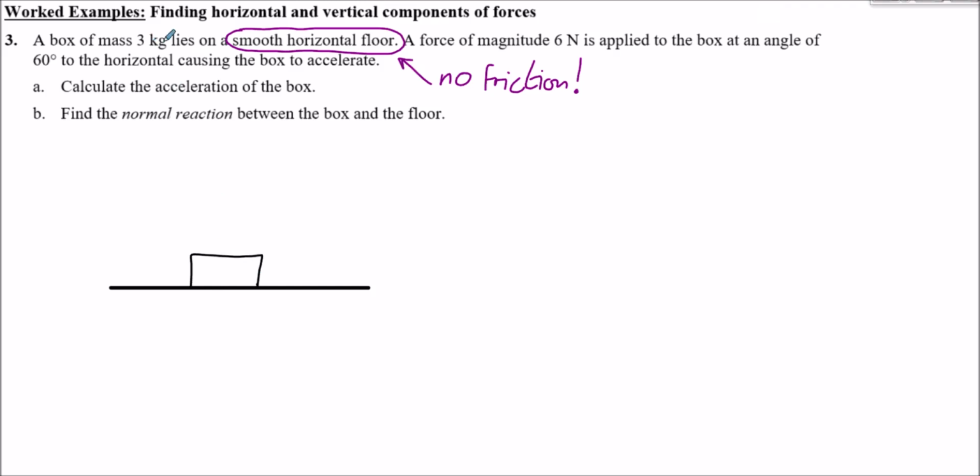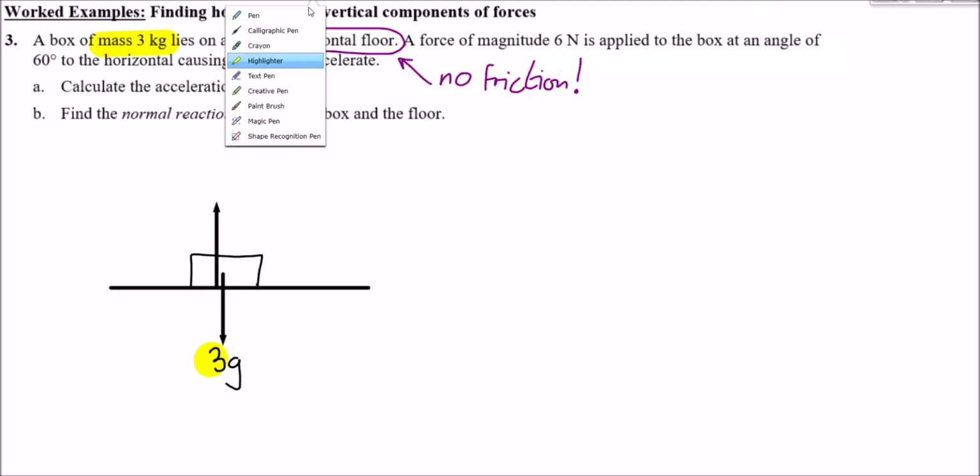It's 3 kilograms, so therefore the force due to its weight is going to be 3g. Normal reaction acts always perpendicular to the surface. So for normal reaction, I'm going to label N, like so.